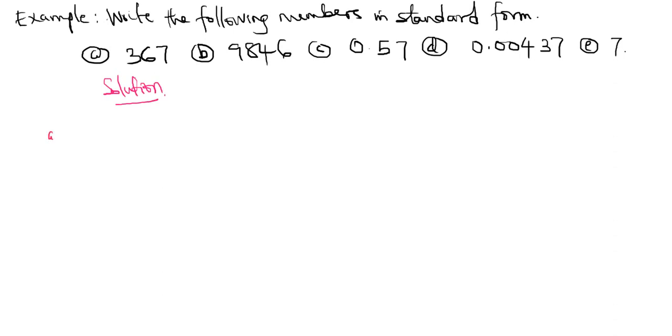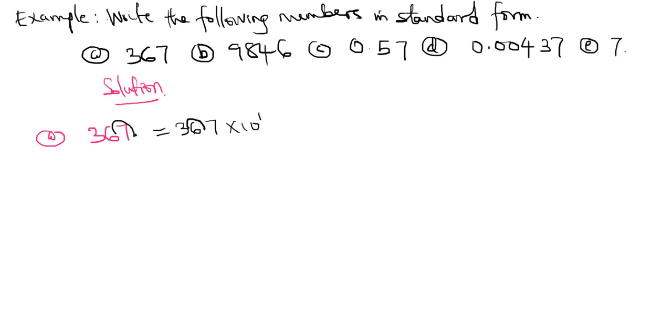Now the first one we have there is 367. There is no decimal point here, so I'm going to introduce a decimal point outside here, and I'm going to move the decimal point 1, 2. When I move it once, the number becomes 36.7, probably times 10 raised to power 1. You can see that this number is still greater than 10, so you have to move your decimal point again.